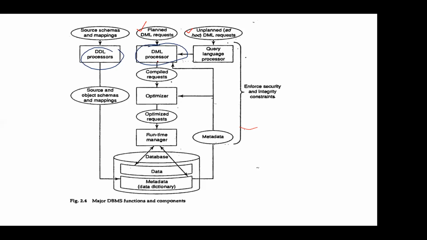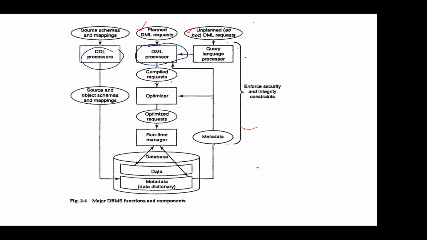Here we have a plan, so we want to access data greater than 70. This is called a planned request. With planned requests, the database management system is efficient in its performance, showing good performance.